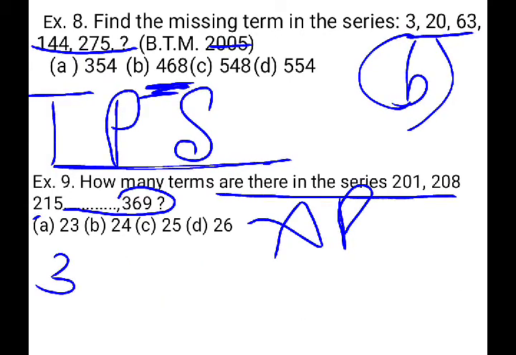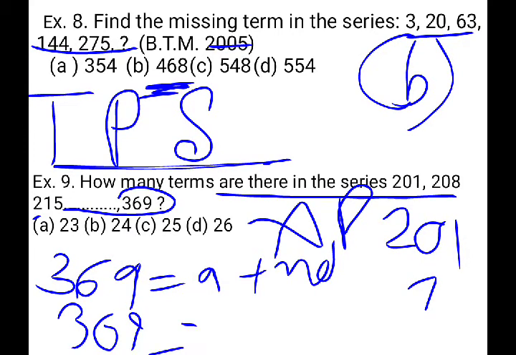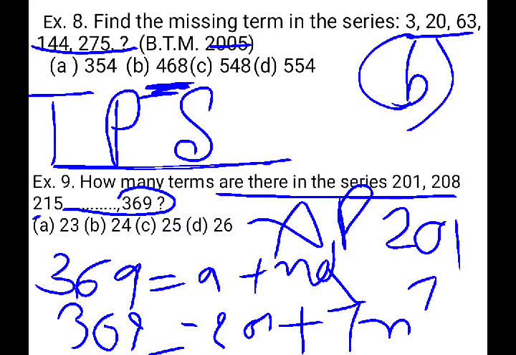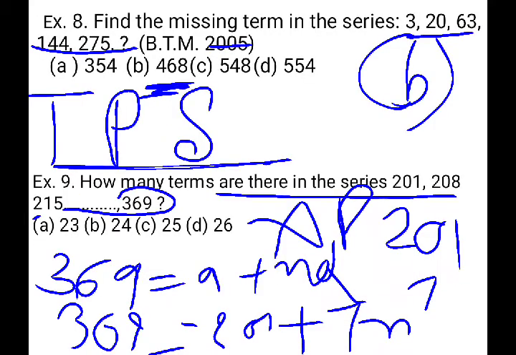Now 369 in the form of A plus nD. See, A is 201, D is 7. So 369 is equal to 201 plus 7n.